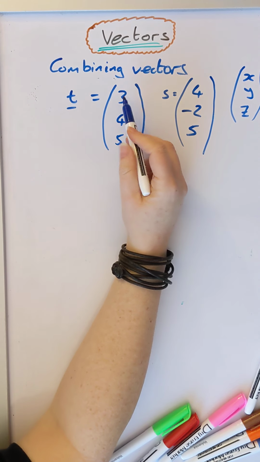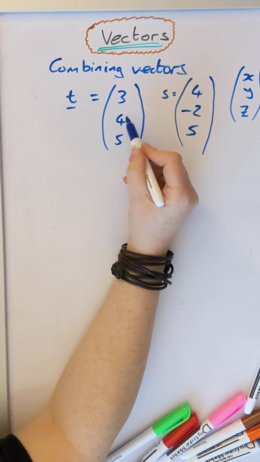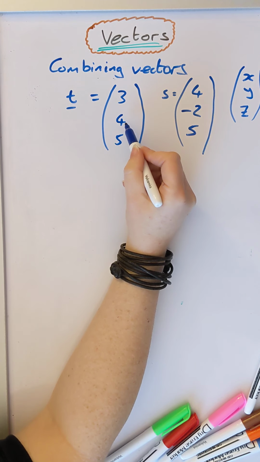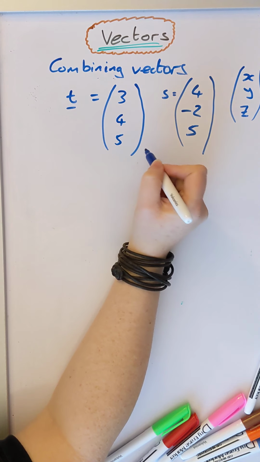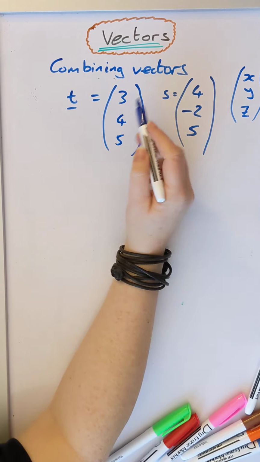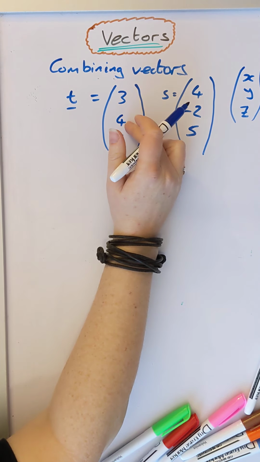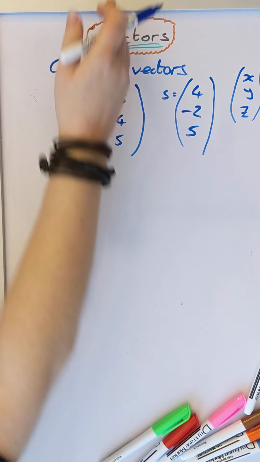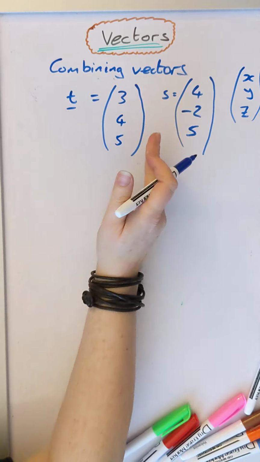This T has gone 3 in the X direction, 4 in the Y direction and 5 in the Z direction. Now usually when we think about how we plot these, X is still going left, right, Y is now going back and forward, and Z is going up and down.